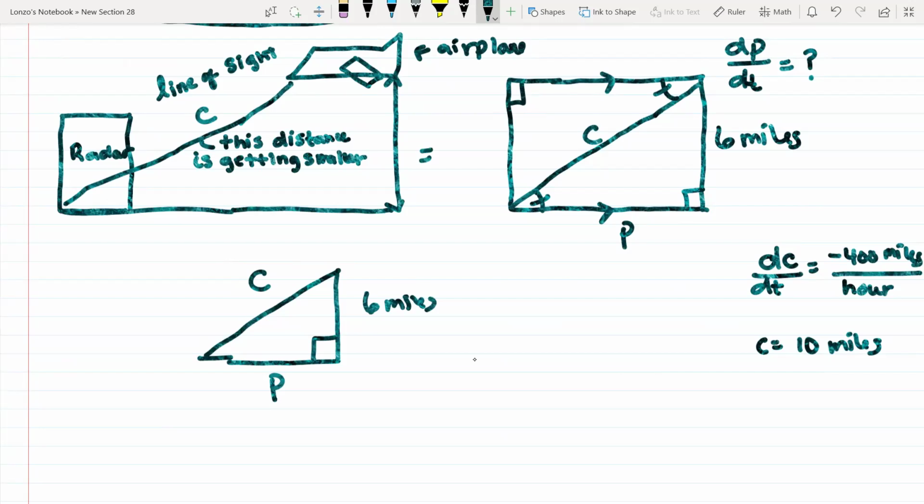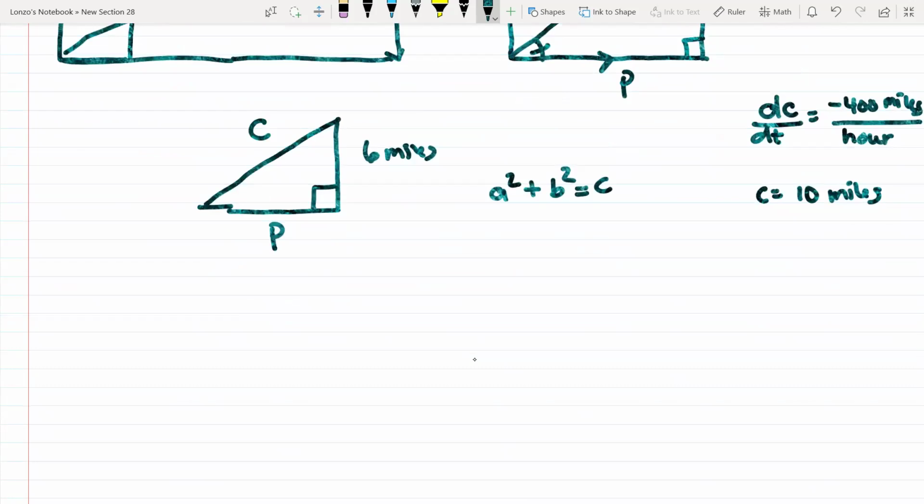Or we know we could use the Pythagorean theorem, right? The Pythagorean theorem is a squared plus b squared equals c squared. So if we use it, one of my legs is p, so it would be p squared. One of my other legs is 6, so 6 squared is 36. And my hypotenuse is c, so that would be c squared. So how many variables do we have? We have two variables.